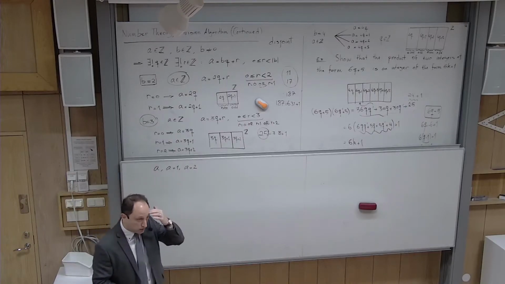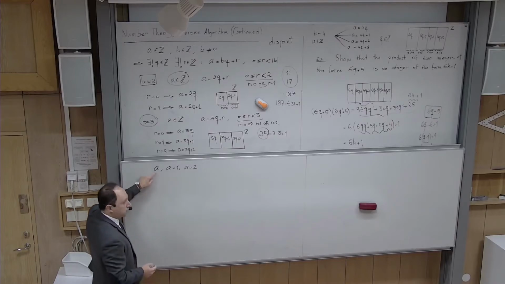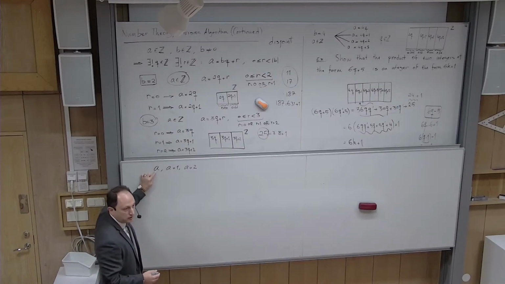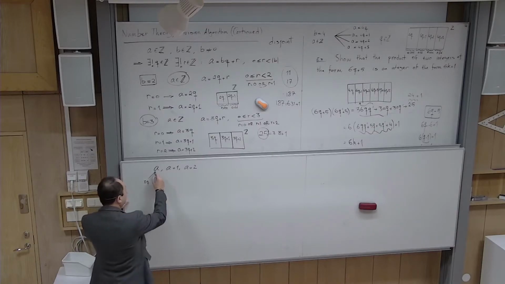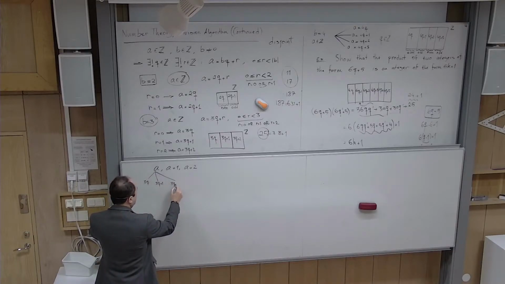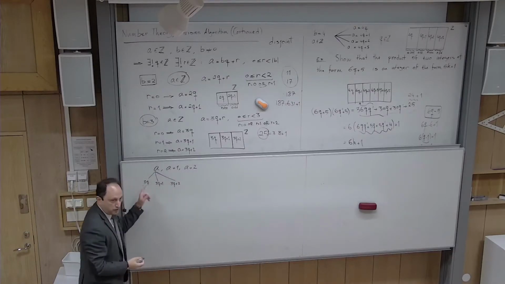Why is that true? For this a, how many possibilities are there when it comes to 3? 3 possibilities. This a is either 3q, or 3q plus 1, or 3q plus 2. There are no other options for a.